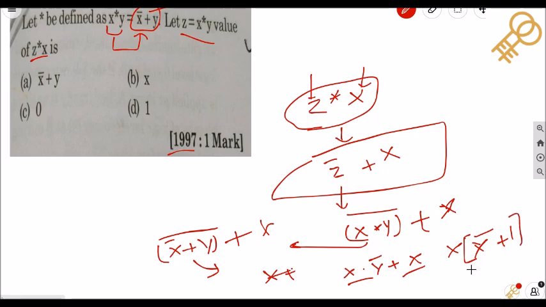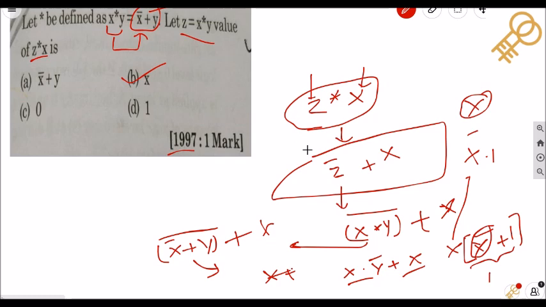So the value of this whole expression will be 1, because whatever you take here, if there is a 1 in addition, then definitely the value will be 1 only for that expression. So the answer will be x dot 1. So finally the answer will be x. This will be your correct answer. So option B is correct. You see how very easy it is.